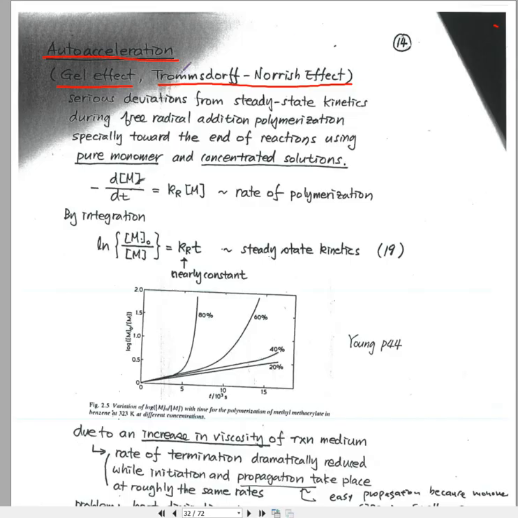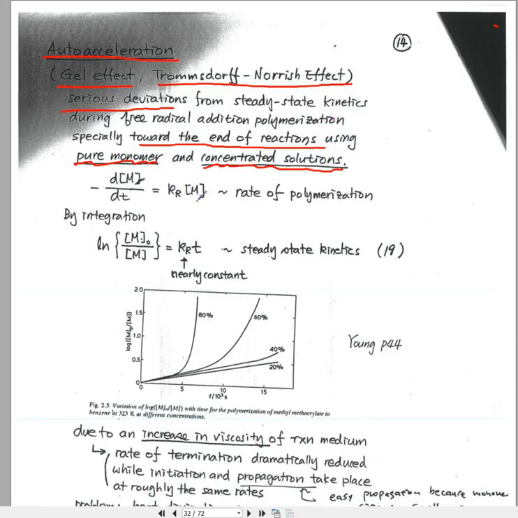But auto acceleration shows that there could be deviations from this steady state kinetics during free radical addition polymerization. Then when does this auto acceleration happen? Especially toward the end of the reaction, using pure monomer, or a high concentration of monomer. Let's see why.